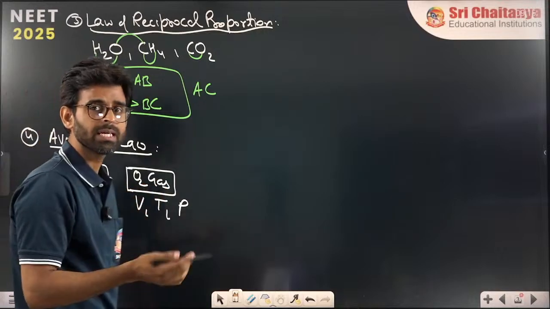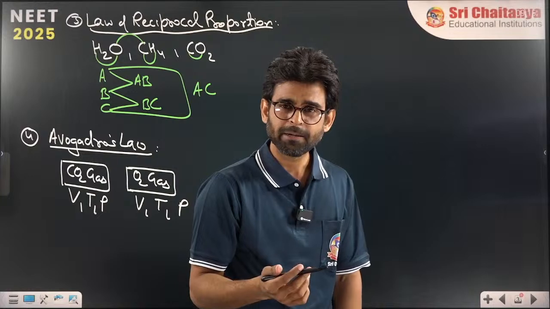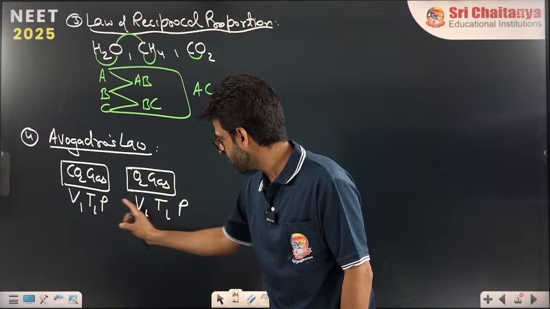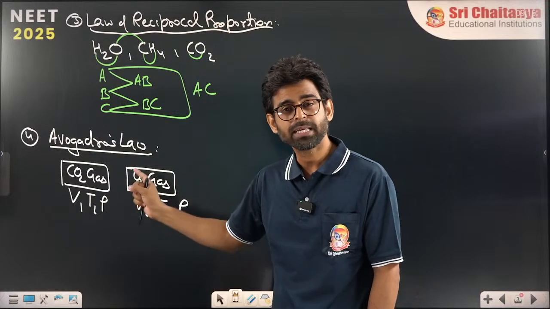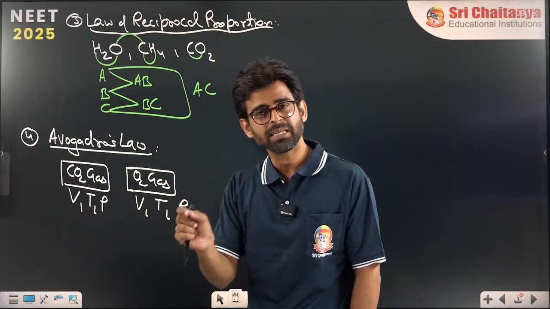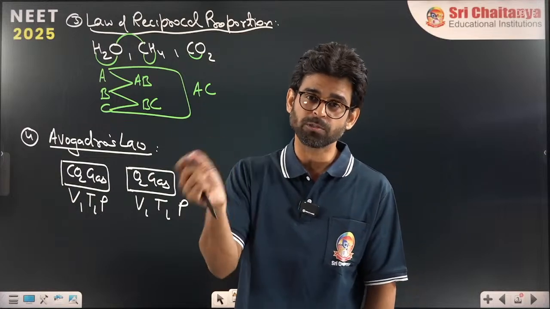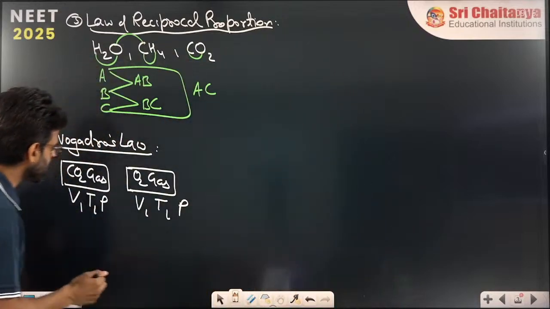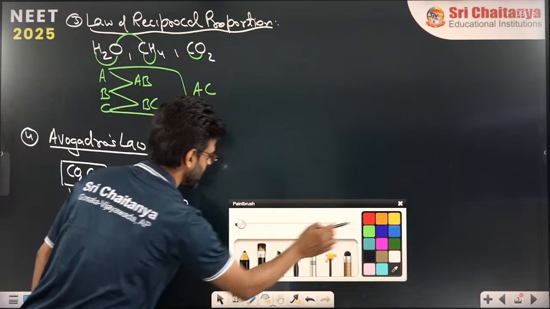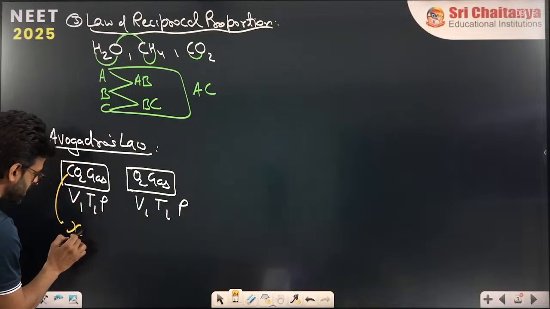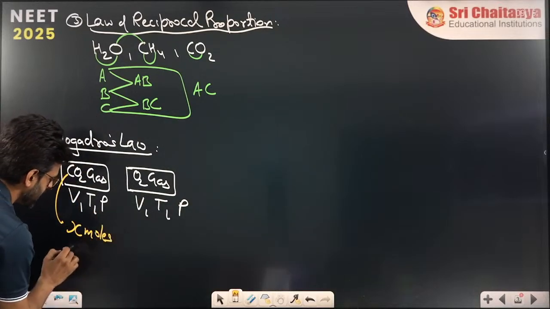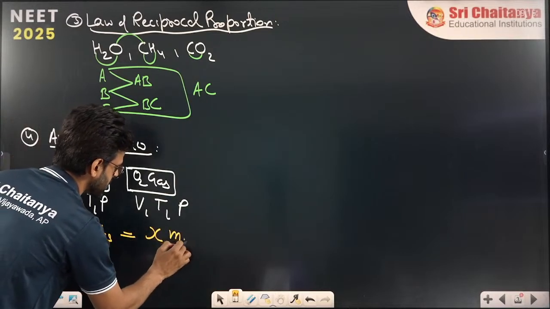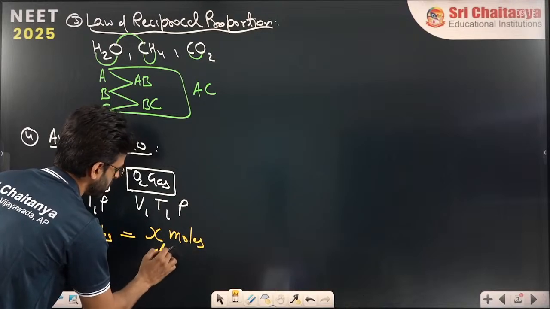So what is this law saying? This law is saying that all gases in similar conditions of pressure and temperature, if you take their equal volume, will contain an equal number of moles of the corresponding gases, or they will contain an equal number of molecules. What I mean, if here it contains X moles of CO2 gas, then without anything I can say here that it also contains X moles of O2 gas.